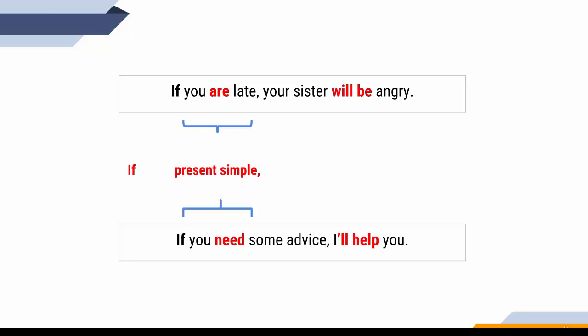After that is the verb in present simple, then a comma. Please don't forget the comma, it's very important here. After that, will. First conditional. As meaning, you want to say that something is possible to happen. Something refers to the present and to the future.